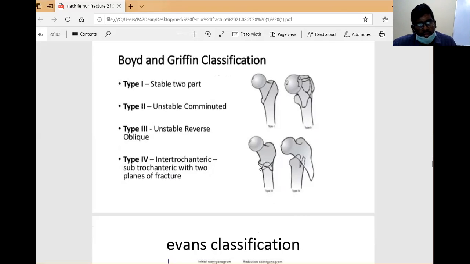Here, the fracture line runs from the lesser trochanter and travels downwards toward the outer surface. And type 4 is a fracture that extends into the subtrochanteric region and occurs in another plane, meaning the sagittal and coronal planes are also fractured.